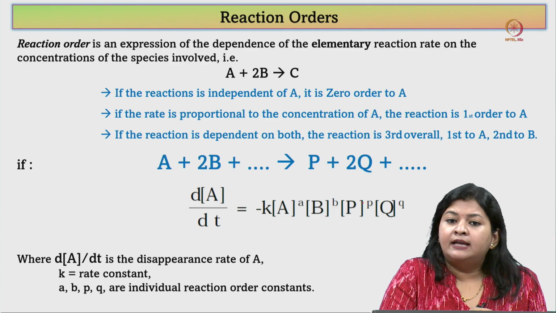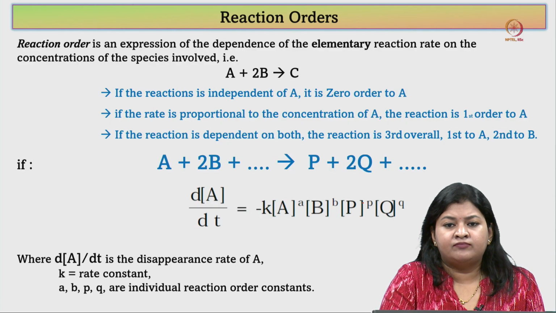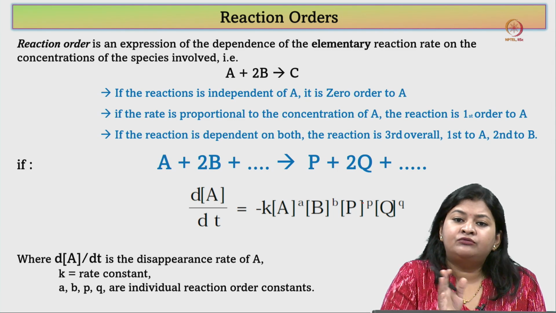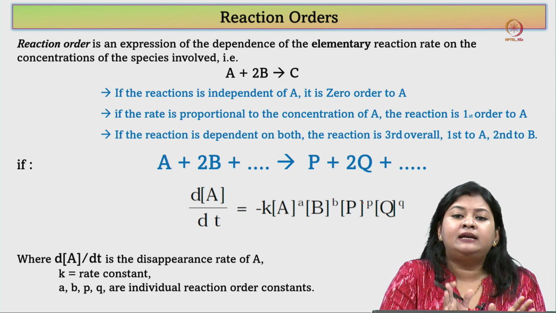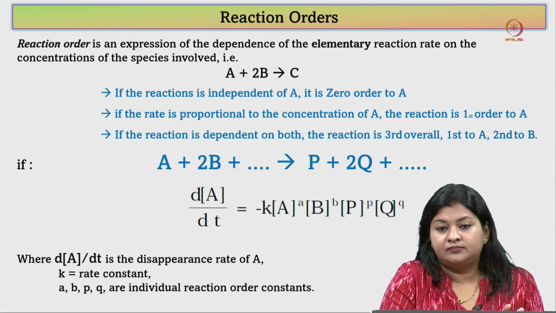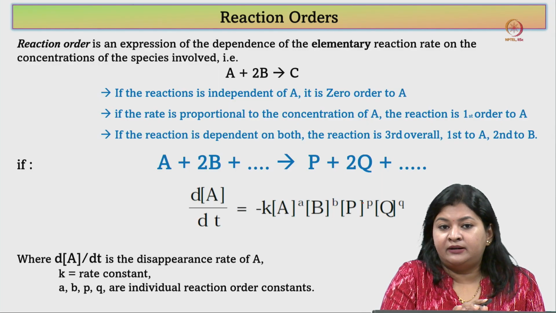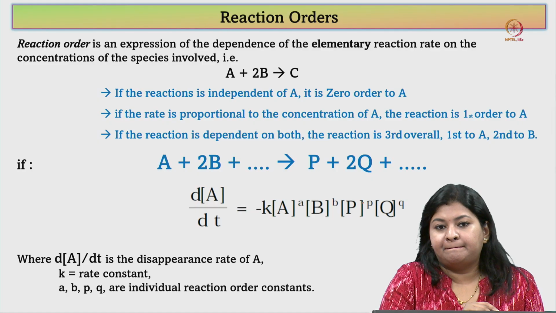It means that if I change the concentration of A, the reaction is not going to increase or decrease. By adding more A, I am not going to make the reaction any faster. Then the reaction is independent of A and its order is 0.